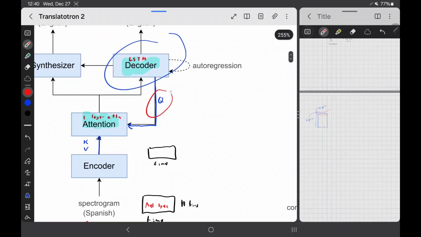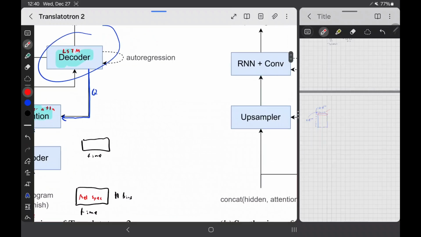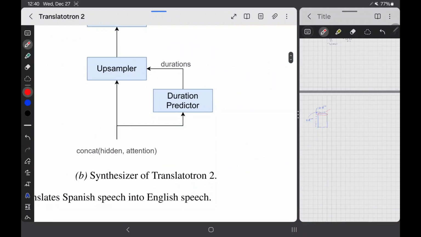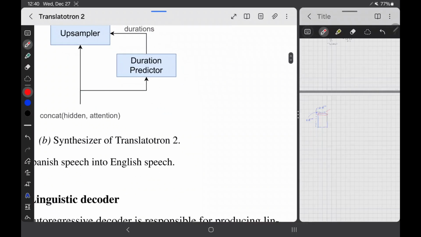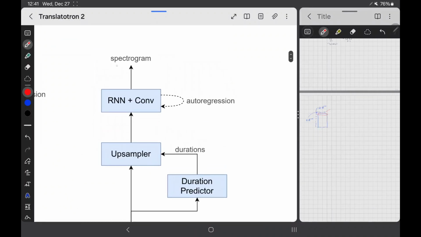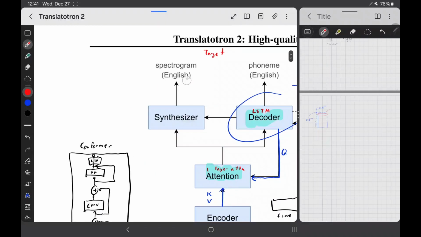Oh, and the queries are just directly from the decoder, the direct outputs transformed by the queries. So now that you have a source condition sequence and a phoneme sequence, you can combine these together and do synthesis of speech. You basically want to produce a spectrogram of the English speech in this case.